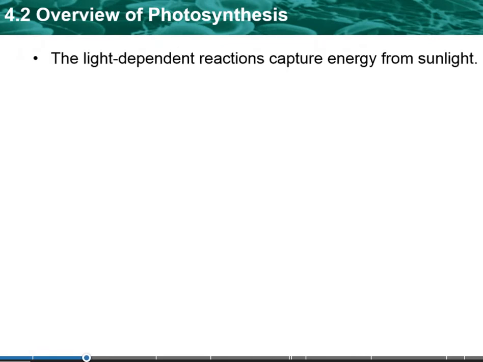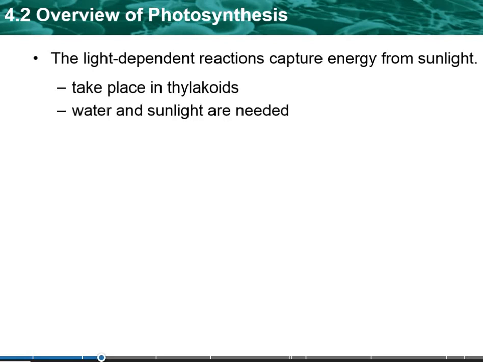The light-dependent reaction: there's two parts of the photosynthesis. You've got light-dependent and light-independent. Light-dependent reactions capture energy from the sunlight. So that's going to take place in the thylakoids, or in the grana. So it's going to trap the sun's energy.